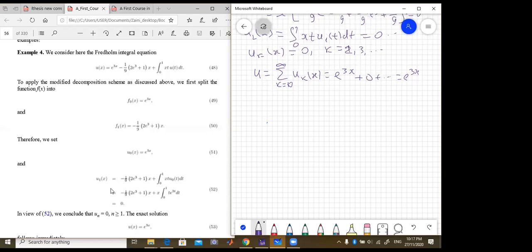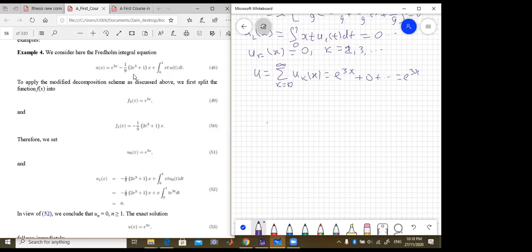So when we add up, we should get the f function. If we cannot get the f function, even though u1 is 0, then we have the iteration solution, I mean the approximate solution. We cannot get the exact solution, but in that case we have to calculate up to n terms and sum it, then get the approximate solution.